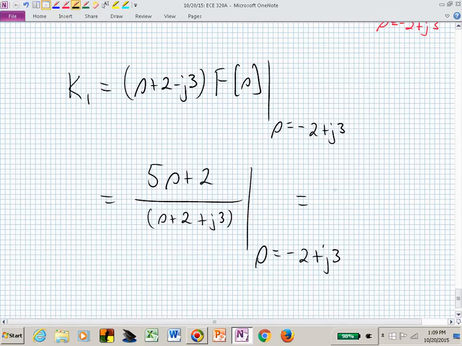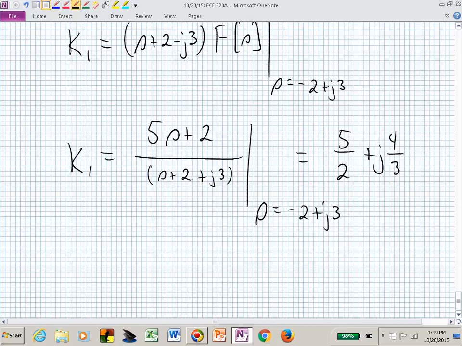And if you do that, you end up with 5 halves plus j 4/3, if you do the complex math. And that's now K1.